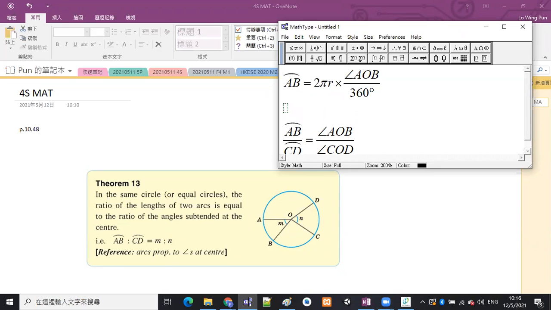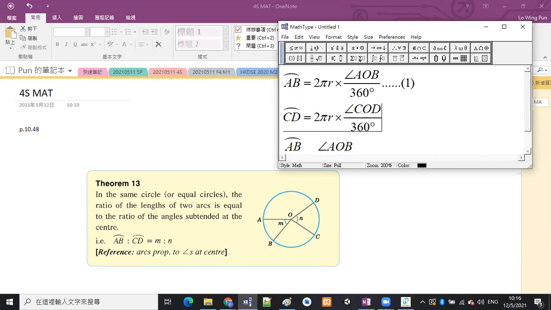And then arc CD is calculated by 2 pi r times angle COD divided by 360 degrees. Let me call them equation 1 and equation 2.